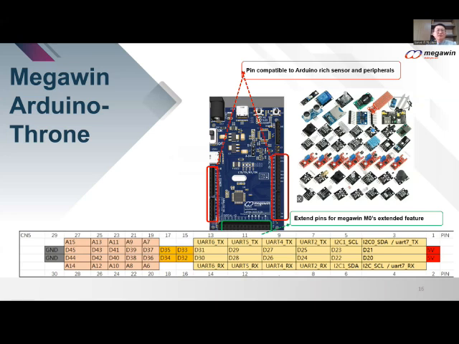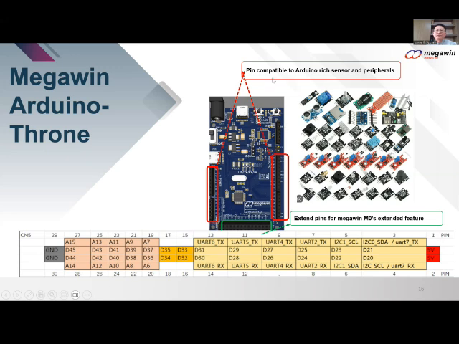And we also have the Arduino applications that you can see. We have the Arduino board. So this Arduino board is compatible with all the Arduino application modules. So you can just use it like a normal Arduino, but we use the 32-bit MCU for this board, not the 8-bit MCU.